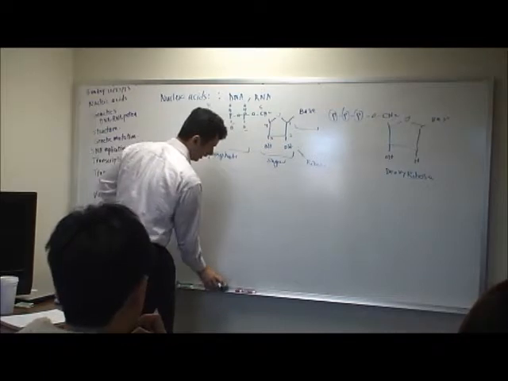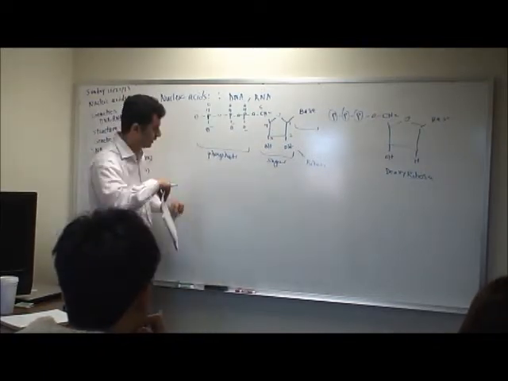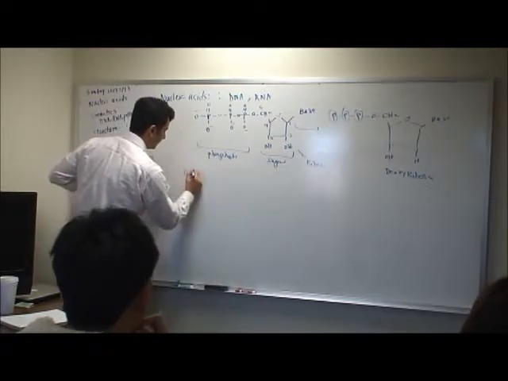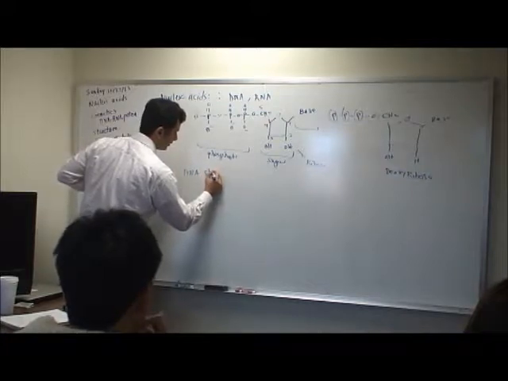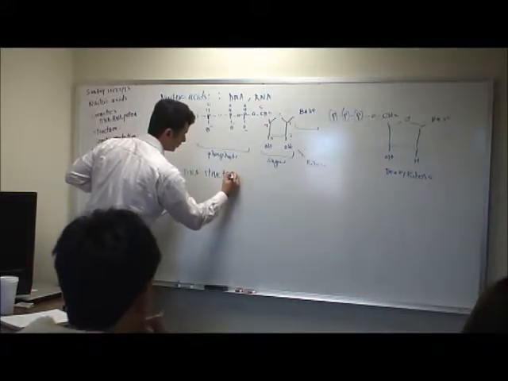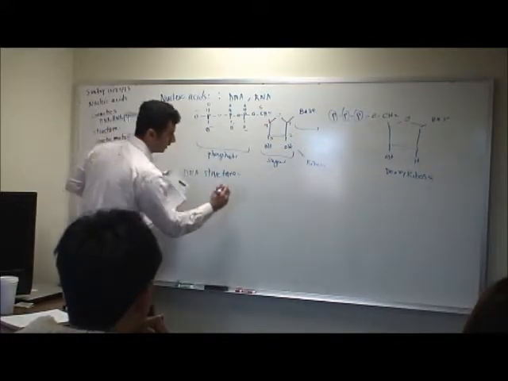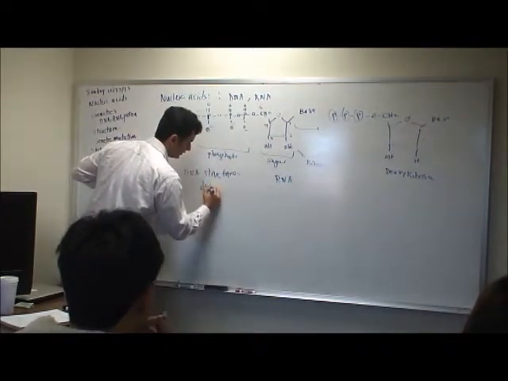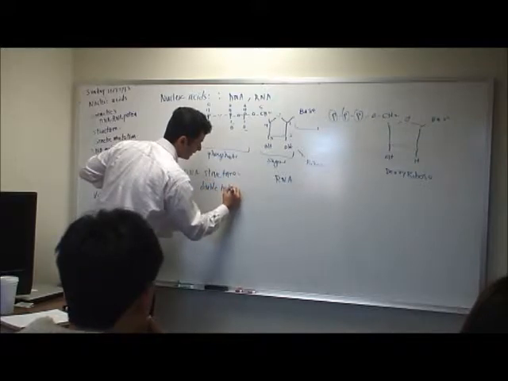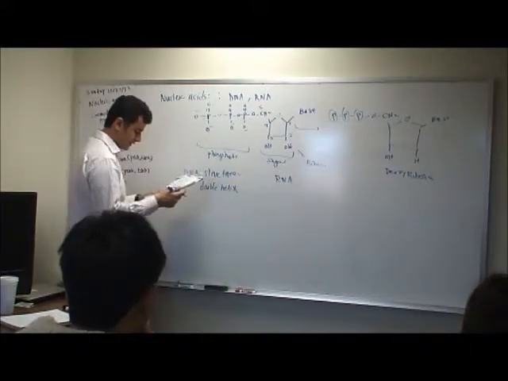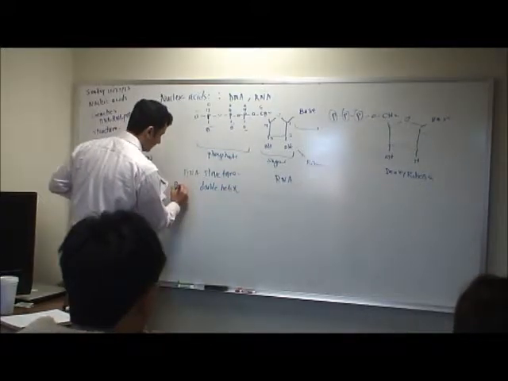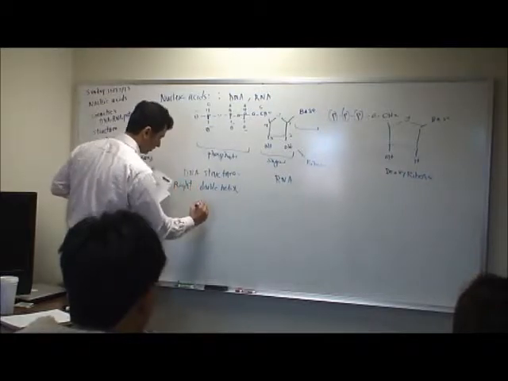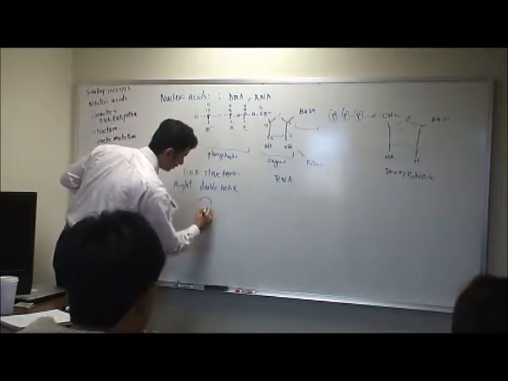So versus RNA, DNA is double stranded, a double helix, and sometimes they say it's a right-handed double helix. It turns to the right. So this is a helix.